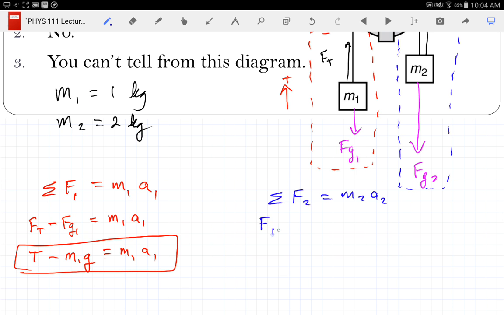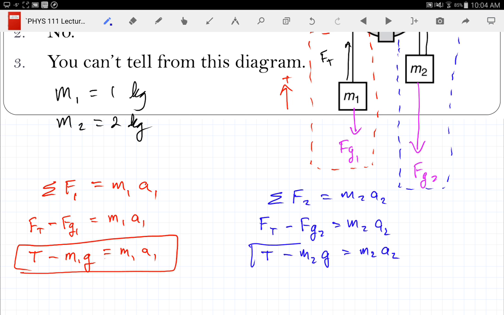Okay, now the tensions are the same because it's the same rope. So I just put Ft for that. But then minus Fg2 equals M2A2. Making the same substitutions as I did before, tension minus M2G equals M2A2.